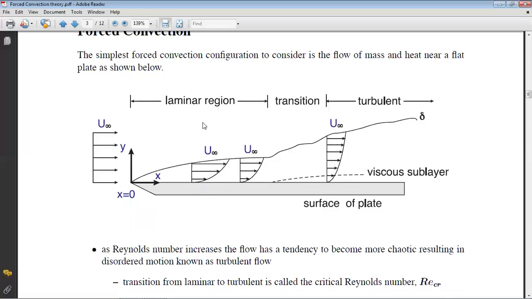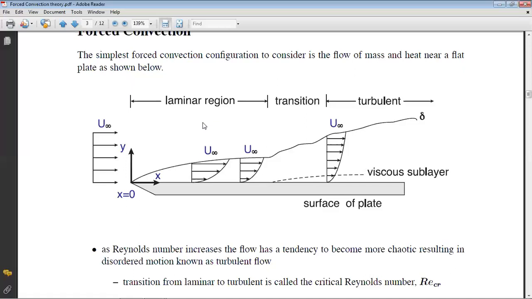If the Reynolds number is less than 5 into 10 to the power 5, for a flat plate, we can consider it to be laminar. If it is greater than 5 into 10 to the power 5, then it will be turbulent. If it is below the critical Reynolds number, that is laminar. If it is above, that is turbulent.